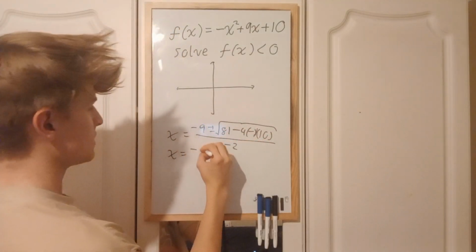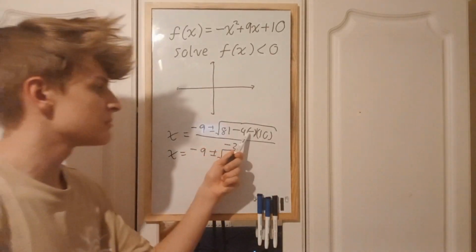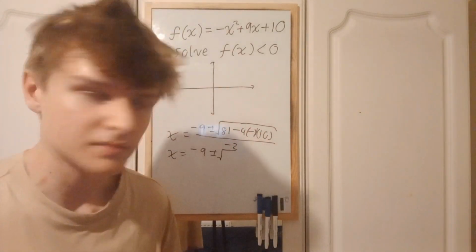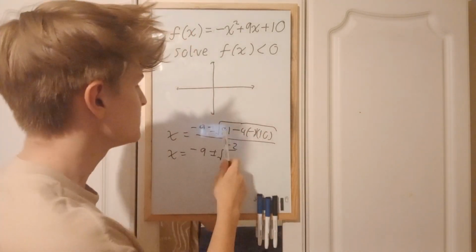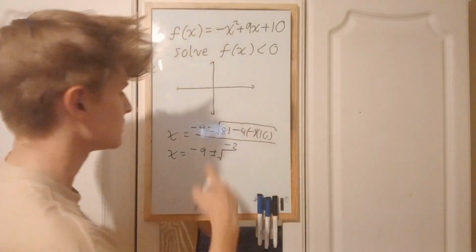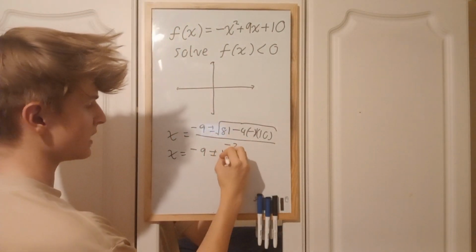Okay, right, so that's minus 9 plus minus the square root of, okay, minus times minus, positive. 4 times 10 is 40. 81 plus 40 is 121, which, if you know your square numbers, is 11 squared. So this simplifies down to the square root of 11 squared, which is 11.